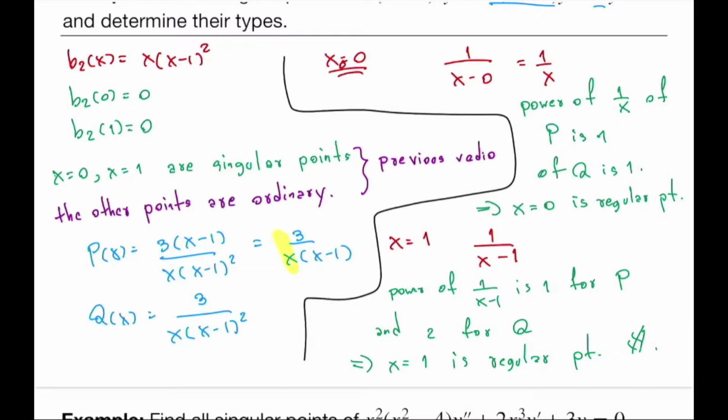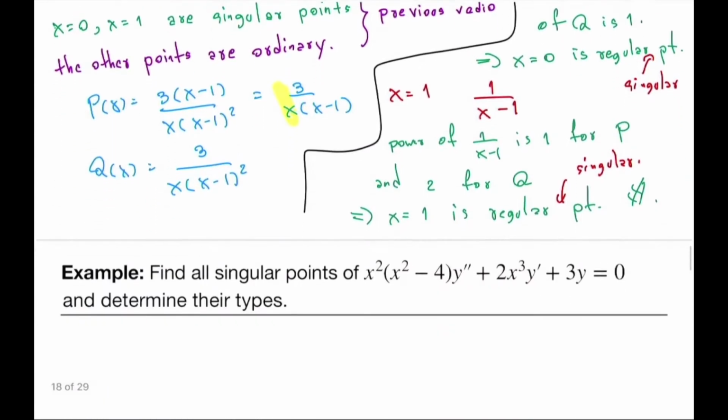And then we look at the power of the factor 1 over x and 1 over (x minus 1). For p it is less than or equal to 1, for q it is less than or equal to 2, which means that x equals 0 and x equals 1 are regular singular points. Okay, I forgot singular here. I should have put singular point here.